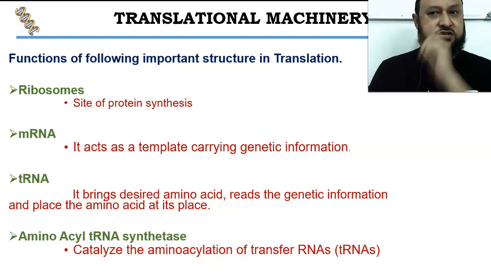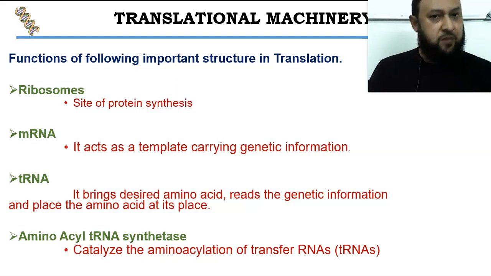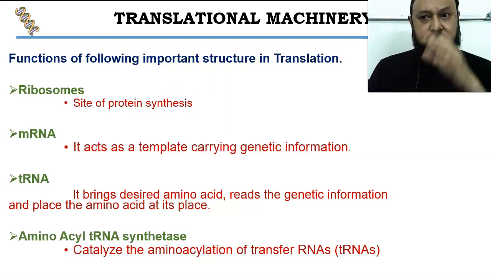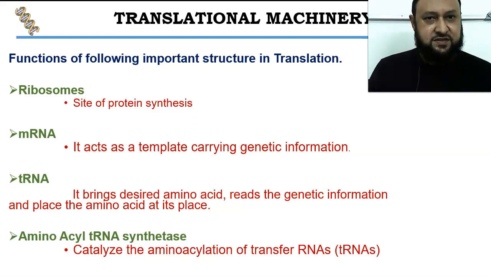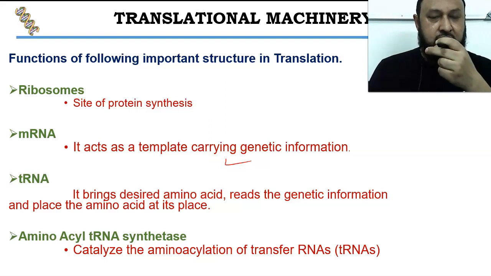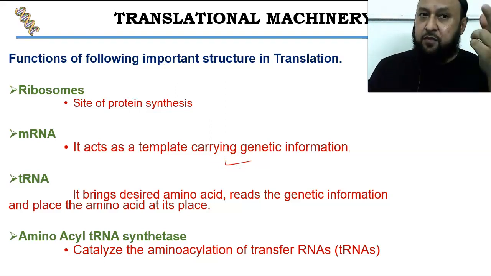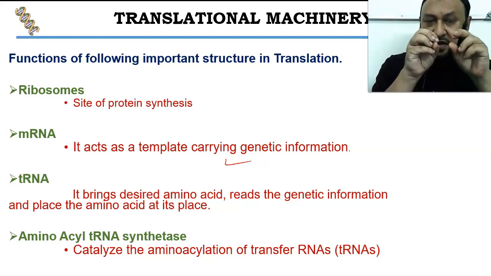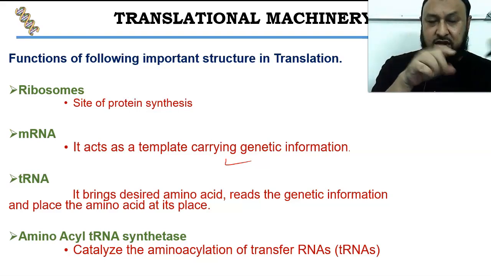First we have to go to the ribosome, the site of protein synthesis. That means it is the main structure where protein synthesis, or rather polypeptide chain synthesis, takes place. mRNA is the single-stranded template carrying the information from DNA about what kind of polypeptide chain will be synthesized, and in what sequence the amino acid monomeric units will join, which will come after which.